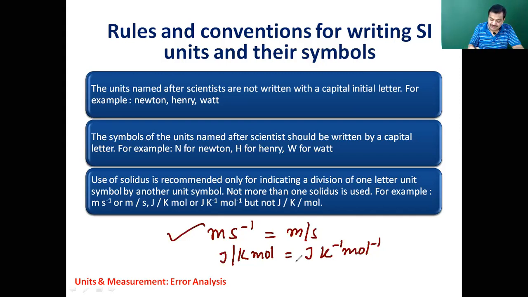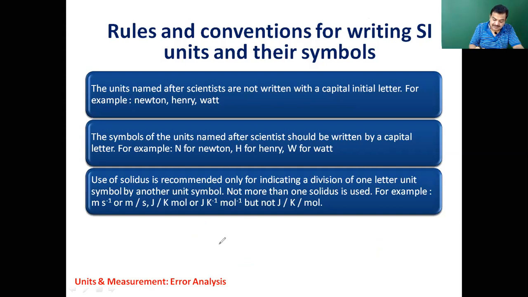Okay. Now the third thing is, which is written here, which is very important. जैसे अभी इन्होंने बोला ना कि जूल पर किलोग्राम पर केल्विन मोल, so that can be written as joule K to the power -1 mole to the power -1.